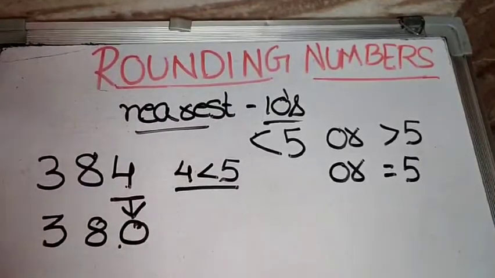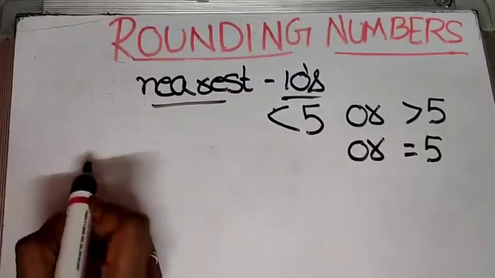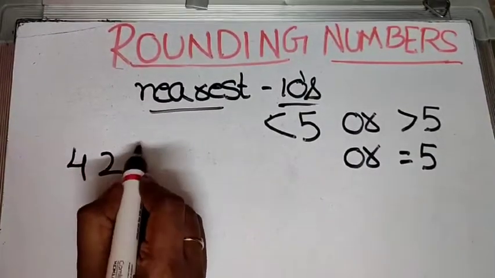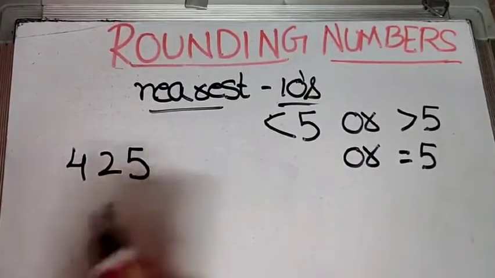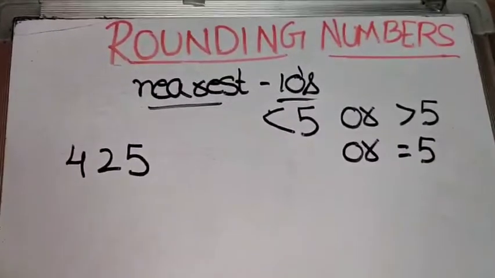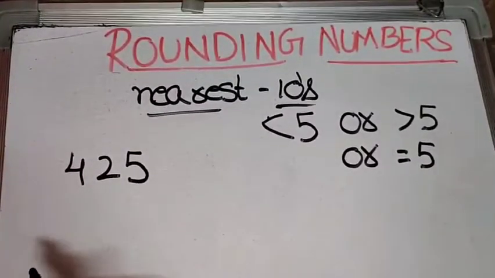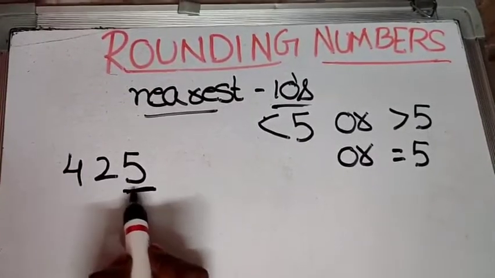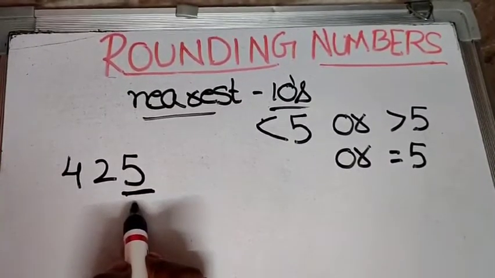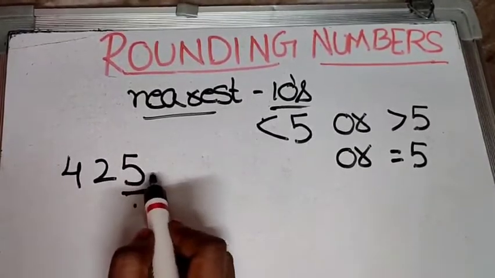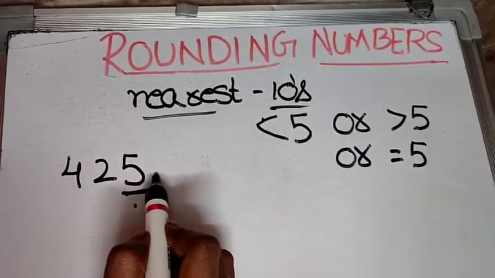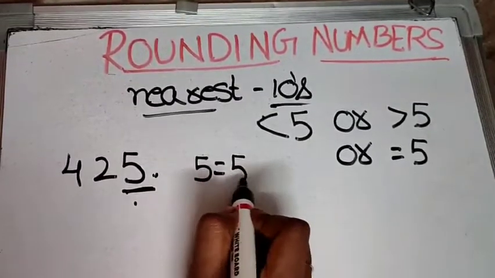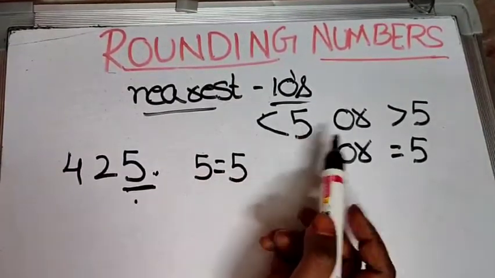Let us see with one more example. Suppose we have 425. Now what will be the rounding number of 425? Here always we have to check the ones place digit or units place digit. So check whether this number is less than 5 or greater than 5 or equal to 5. Yes, it is equal to 5. Up to now we have seen what we have to do if it is less than 5 or greater than 5.